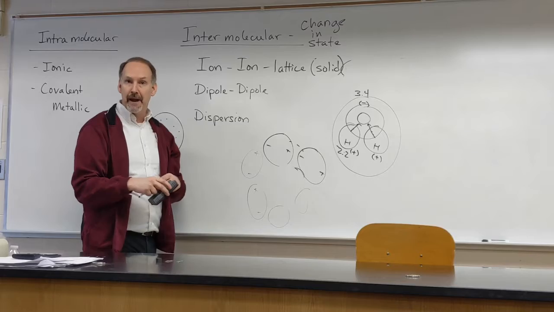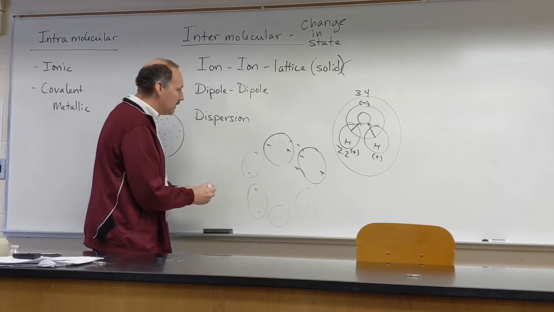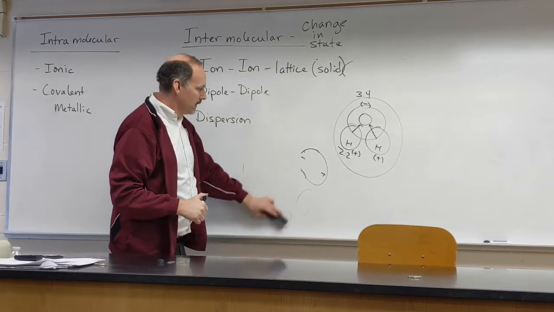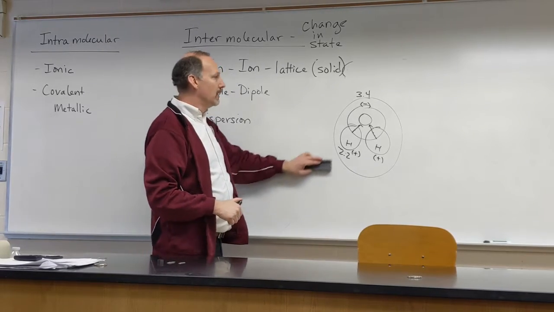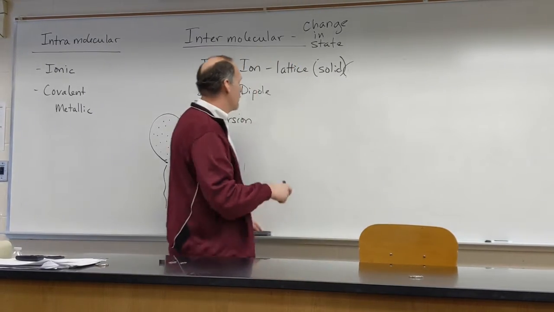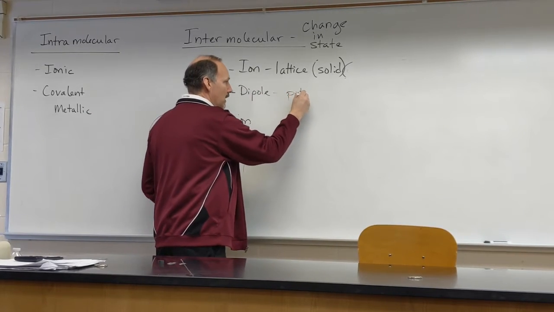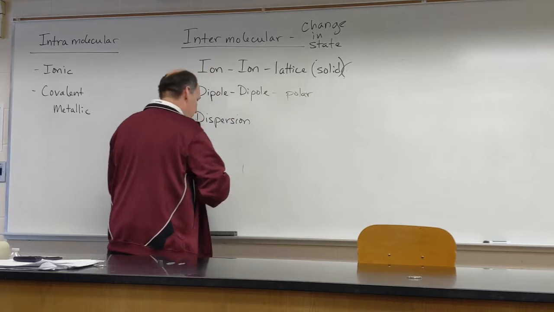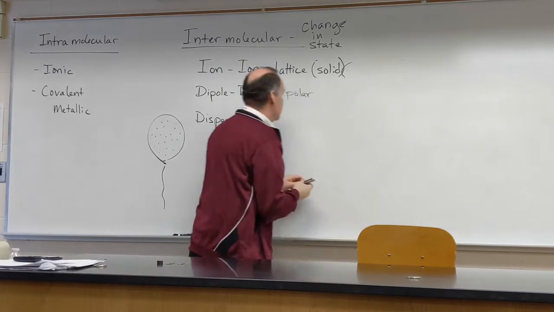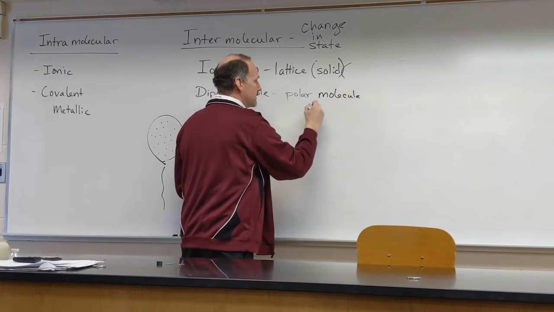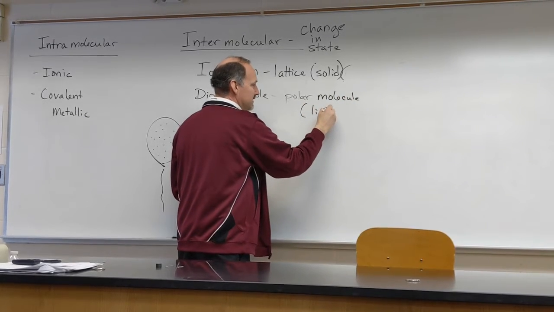So water expands when it freezes, and it's all because of this dipole-dipole interaction. Dipole-dipole is a situation where we have polar molecules, and they help create our liquid states of matter.